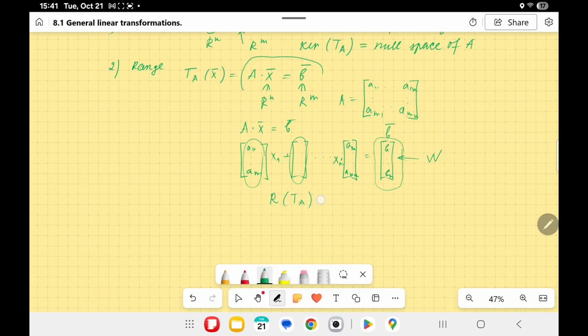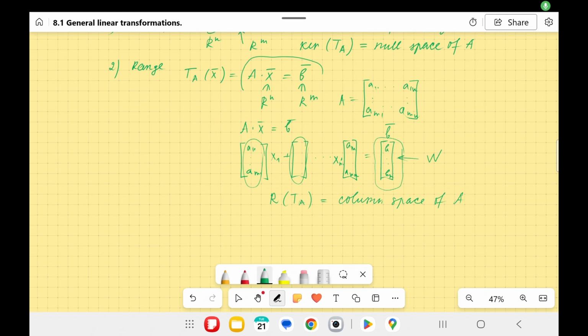Column space of A. Just because they are linear combinations of columns. And that's basically the span of these vectors. Okay?